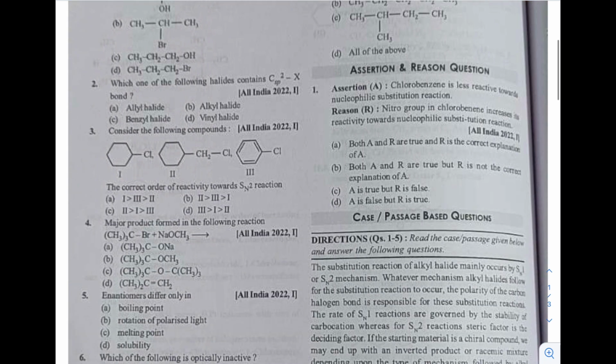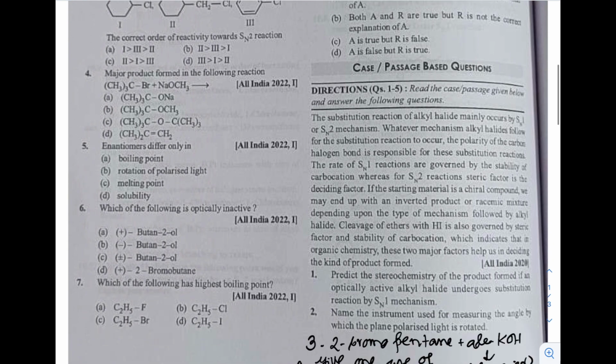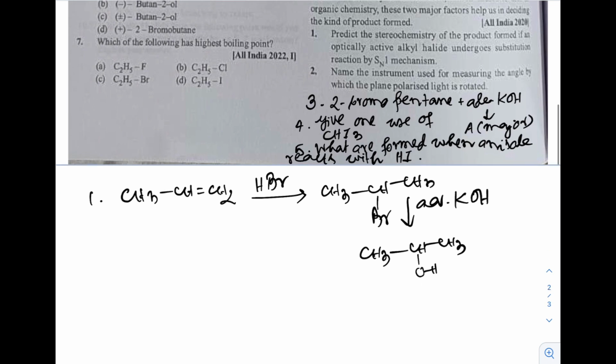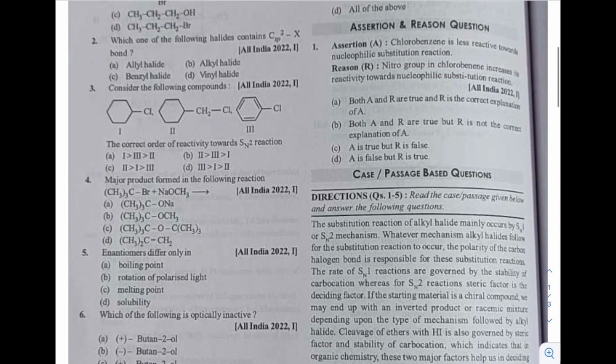Next we'll move to question 2. Which one of the following halides contain sp2 carbon-halogen bond? Allyl halide, alkyl halide, benzyl halide and vinyl halide. So what we have to do, we have to draw the structure. Allyl halide, this one. This is allyl halide.